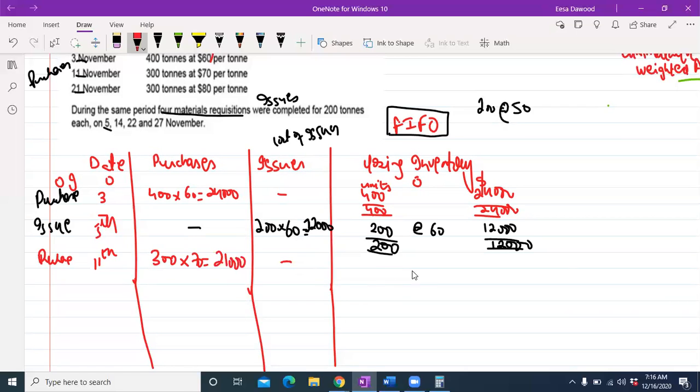And now what is there in the closing inventory? We have 200 at 60, 12,000, and now we have 300 at 70, 21,000. Now the total items in the inventory is basically 500, and what is the total value?